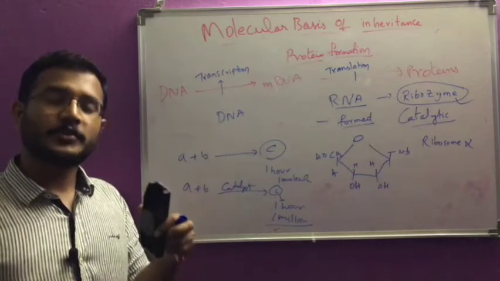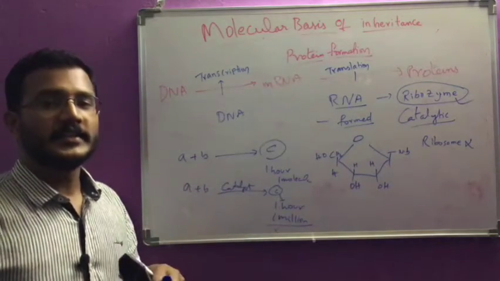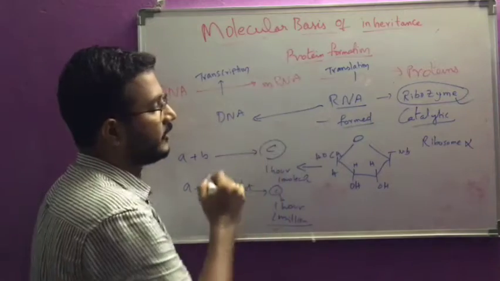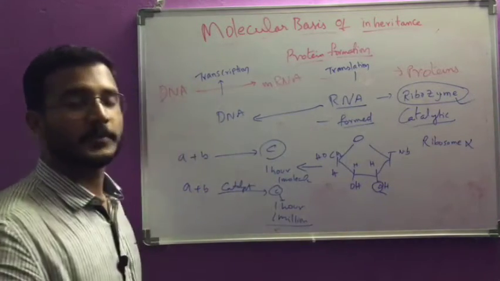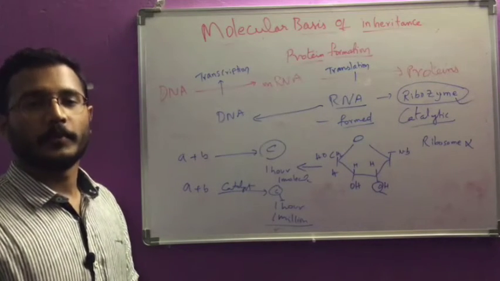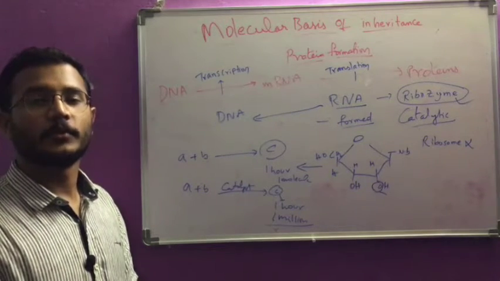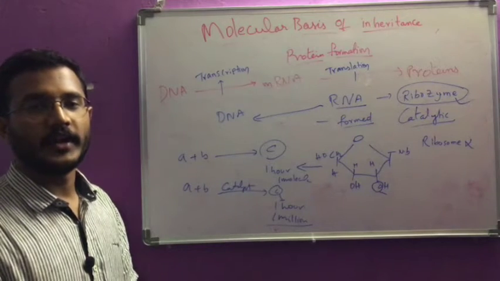So nature slowly modified the RNA, and from RNA, DNA is formed by removing this OH group. This OH is responsible for the unstableness and the catalytic property. So that's why nature removed that oxygen group from the RNA structure, and that leads to the formation of DNA.